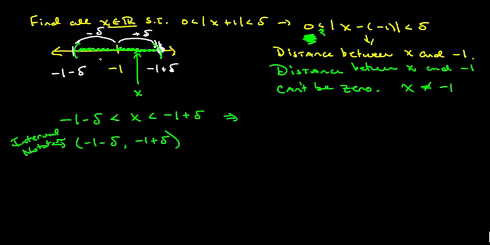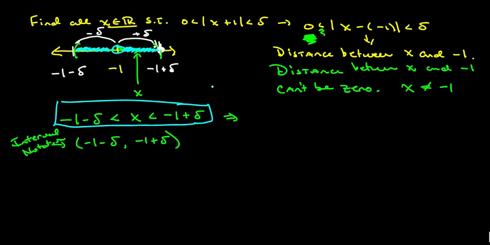So if we look at this up here, we're really not quite right. We can use all of this, and we can use all of this for our x values, but we can't use that. So we really have an open circle there in the middle. This expression right here does not describe the open circle in the middle. To get the open circle, we could do a couple of things.